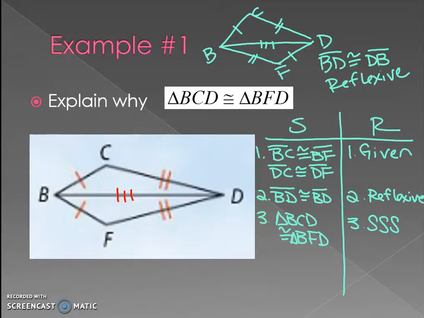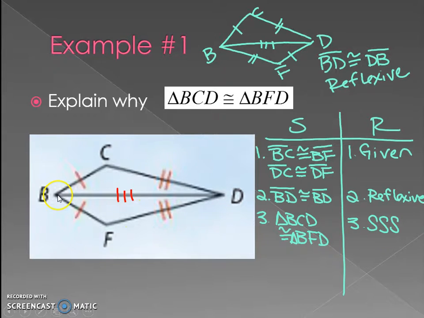So let's look at example 1. Explain why triangle BCD is congruent to BFD. So we're going to do a chart for statement and reason. First, the given is BC is congruent to BF. You see the marks here. And then DC is congruent to DF. You see the marks here. So those are given. We need to prove that these two are congruent by using SSS, side.